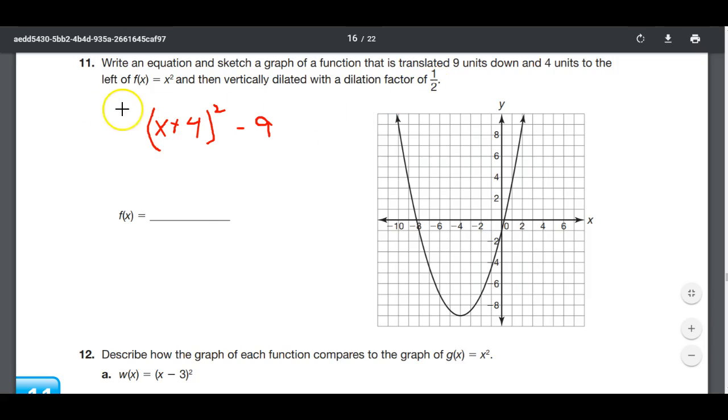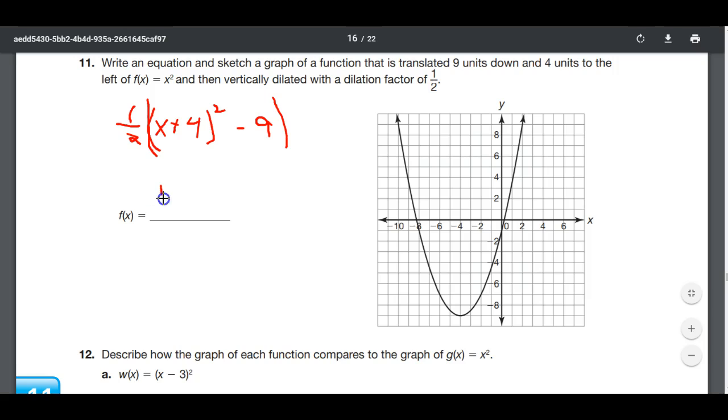And then there's a dilation factor of 1/2. But what does that tell me? Then this would also have to have been multiplied by 1/2, right? I mean, this would have to be at the end. It's going to have to end up at 1/2. So originally this would have to have been at 18, right?